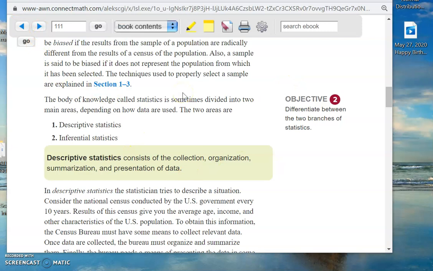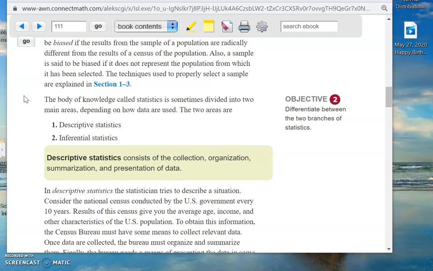Okay, so now we want to talk about the two basic types of statistics. We talk about statistics being descriptive statistics, or inferential statistics. Descriptive statistics, just like the name implies, is where you are describing something. Take baseball, for example. If you ever watch baseball, you know they have an unbelievable amount of data.